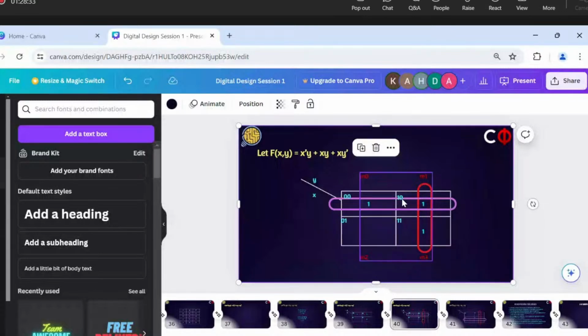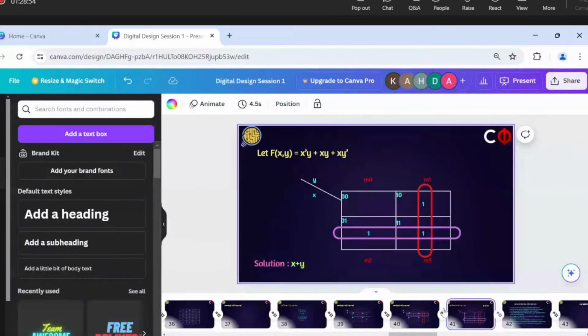So I'll represent that as y prime. And in this other group, the first term is not changing and the second term is changing. So the x term is remaining the same. So what do you think this function is? I'll go back to this slide and make the change. So this is actually x plus y prime.